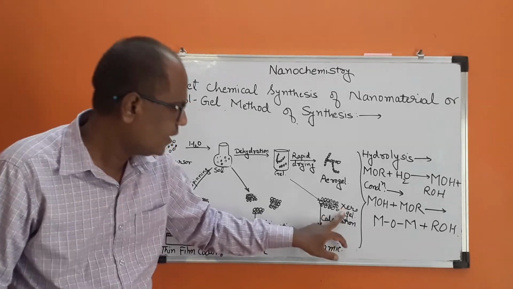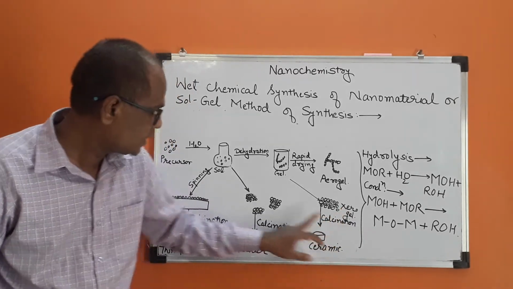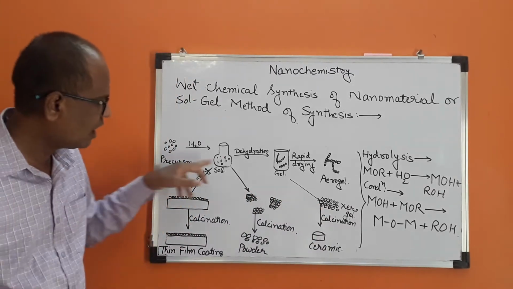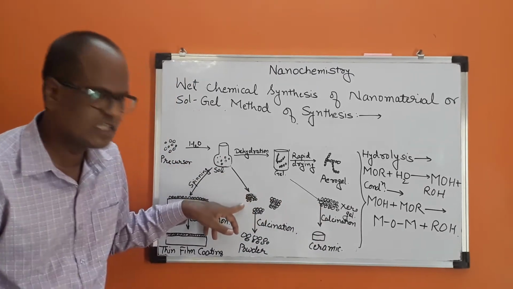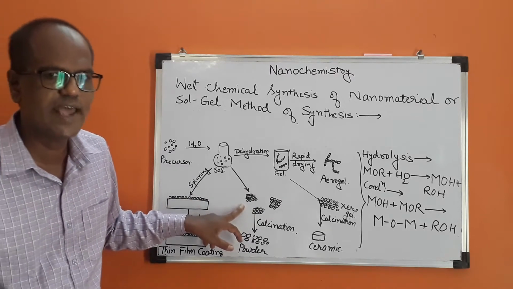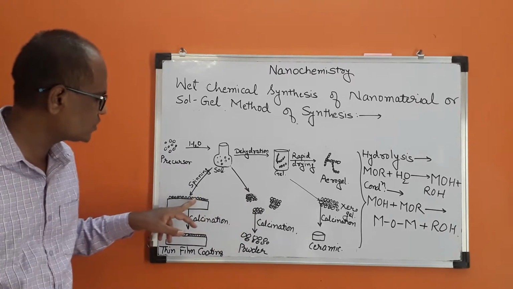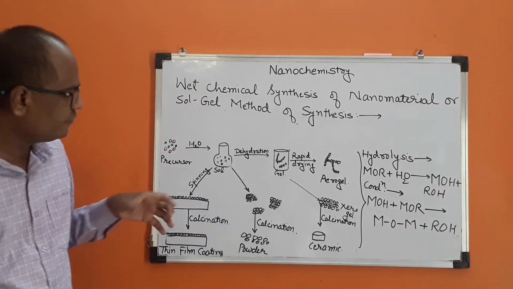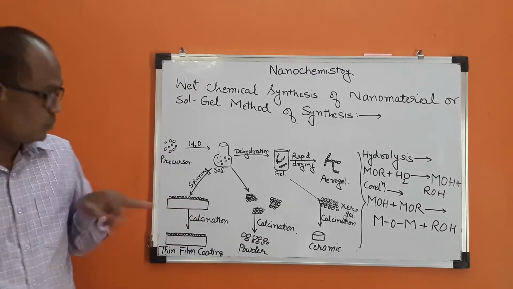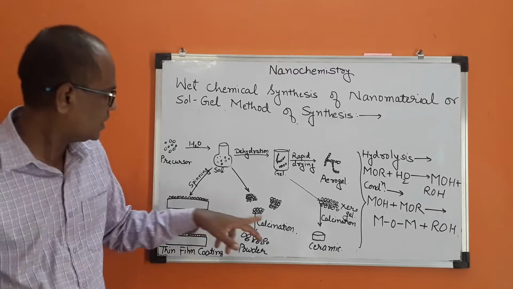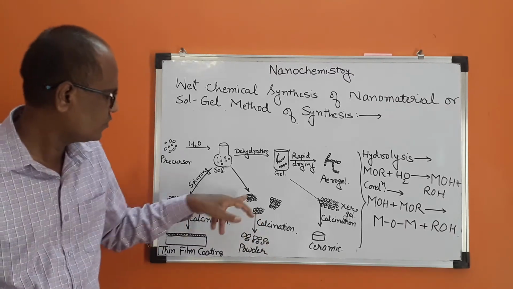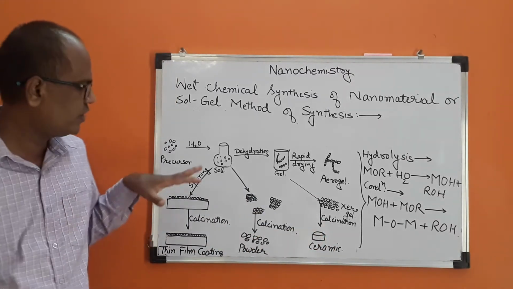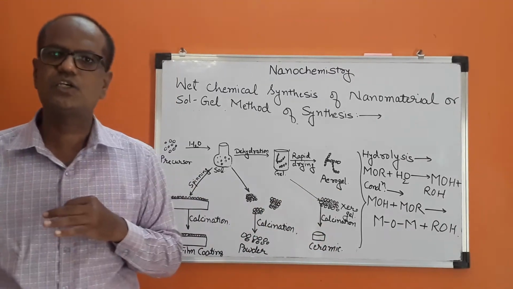And this xerogel, after calcination, what is calcination? Whatever we are getting at this step after spinning, we are getting clusters of nanomaterial, and if this cluster of nanomaterial undergoes the process of calcination, here I have written calcination. What is calcination?